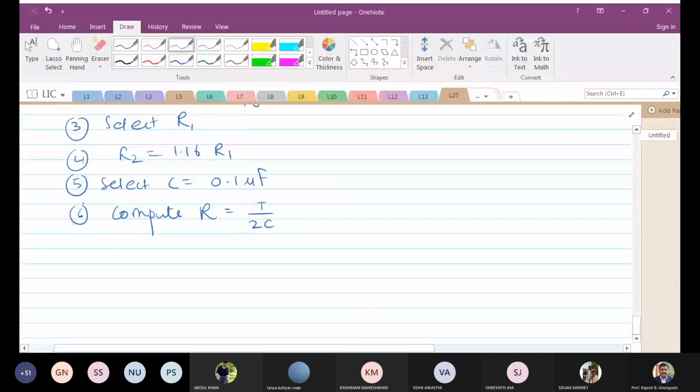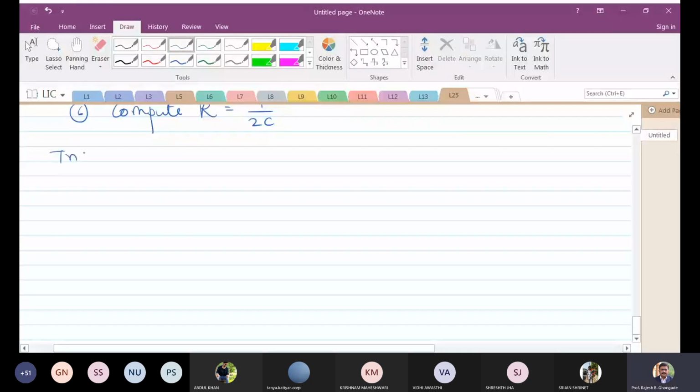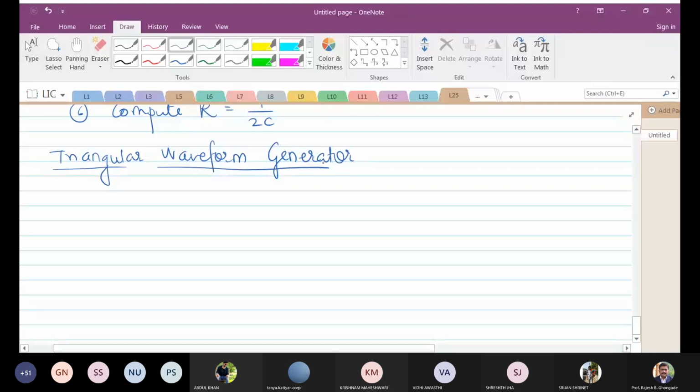So the triangular waveform generator. How does it look like? Let us see. So you're going to tell me what are the basic circuits which you are able to identify in this.